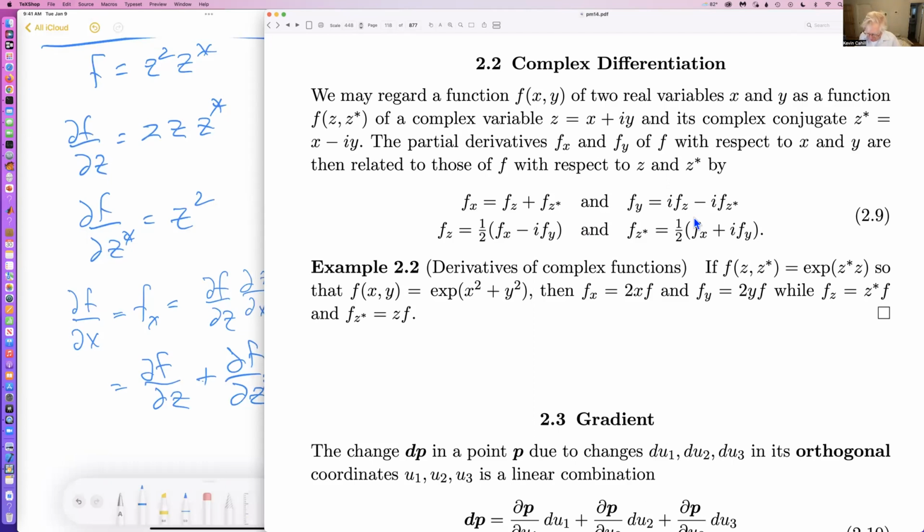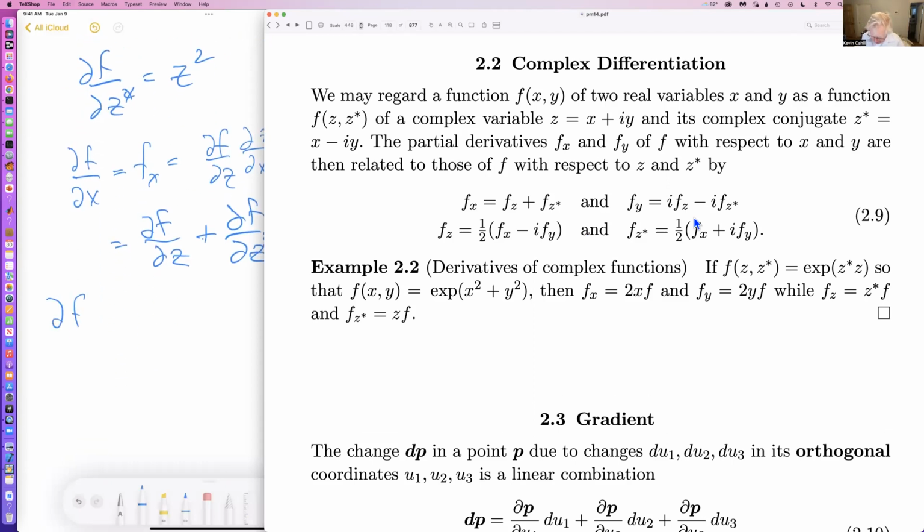If you do the same thing with respect to y, partial f partial y is partial f partial z times partial z partial y.